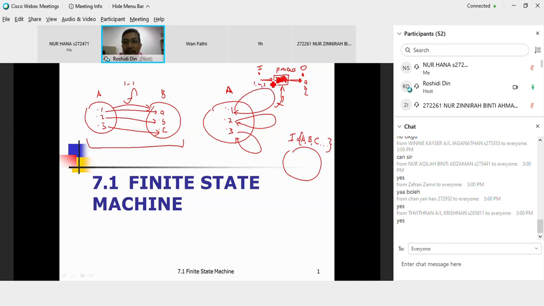Function of what? Of input. This input we represent by X. This X can be 1, 2, 3. And the function of X, then we can get the output.